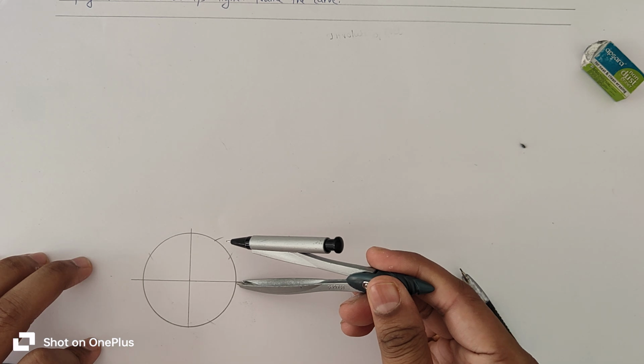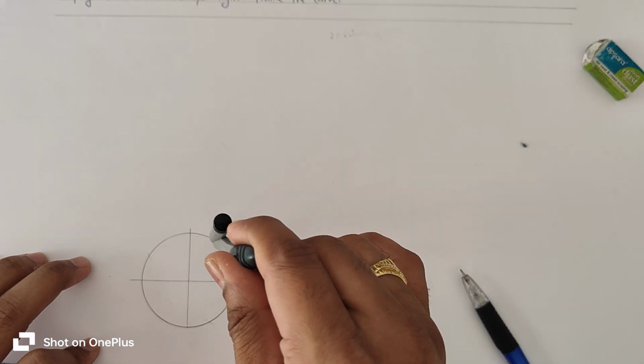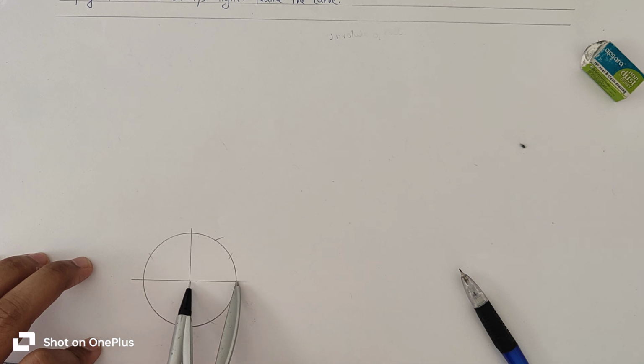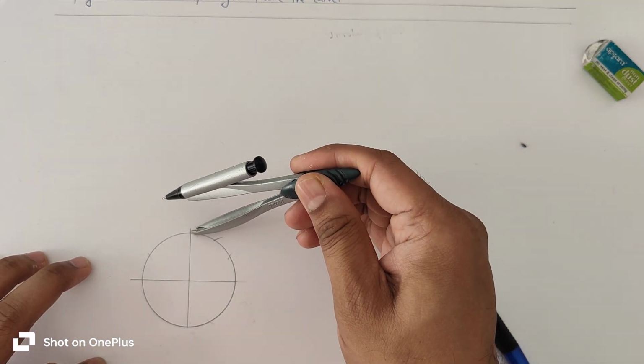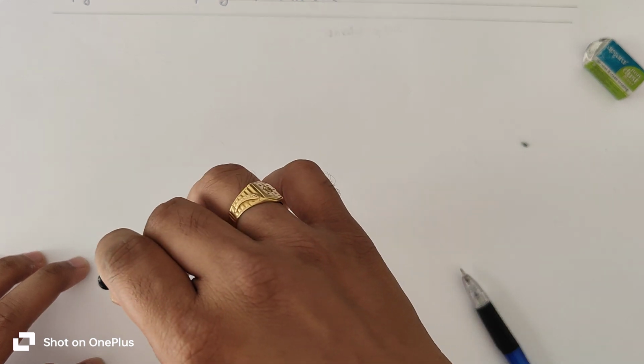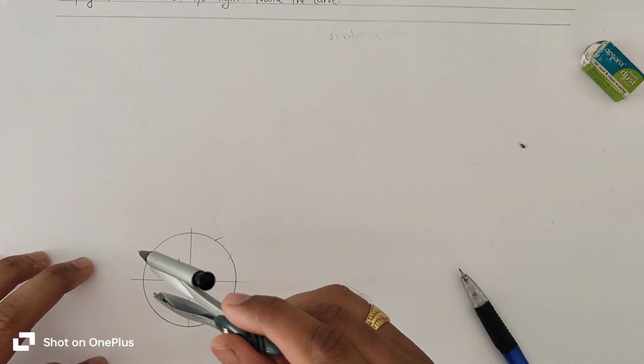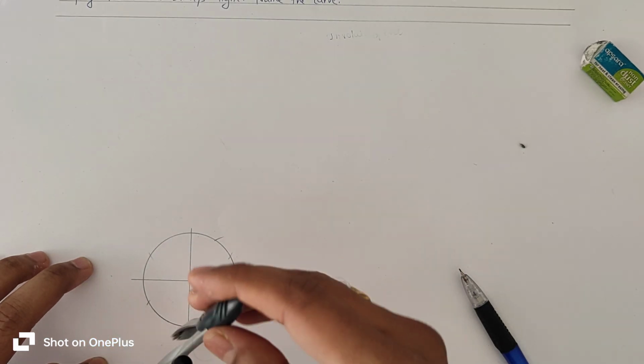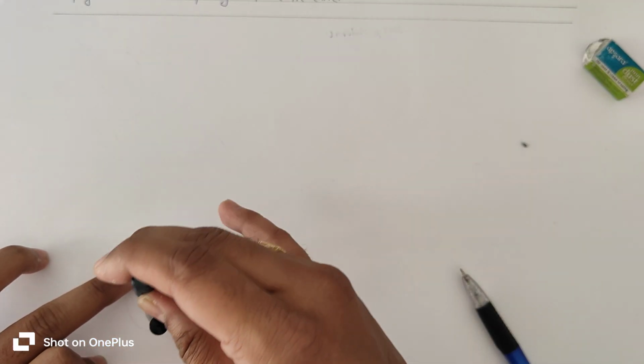Then from these points draw arcs on the circumference with the radius of the circle. From each point draw arcs on both sides of the circle. So finally we will get 12 points, 12 parts of the circle.